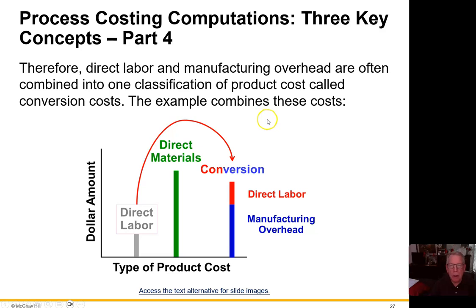The example below combines these costs pretty easily here. You can see the direct labor and manufacturing overhead comes into conversion cost, nicely color coded so you can see the two added together. Here's our dollars and here's our type of product cost.